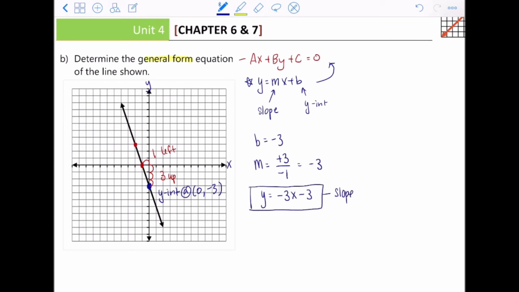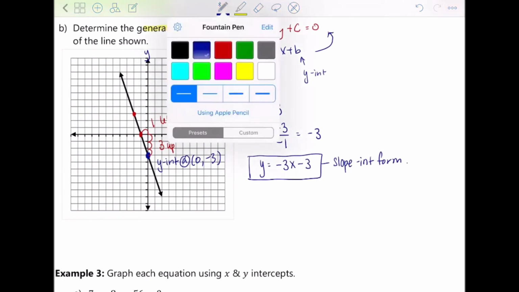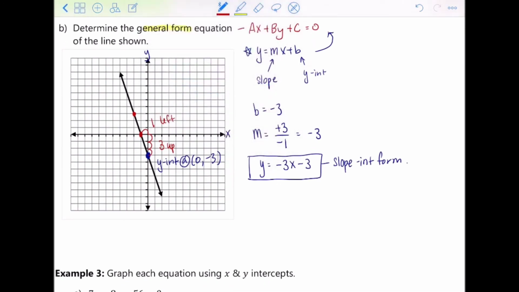From this slope-intercept form, we're going to rewrite it as a general form. So what we're going to do is move that negative 3x so that it's a positive coefficient.